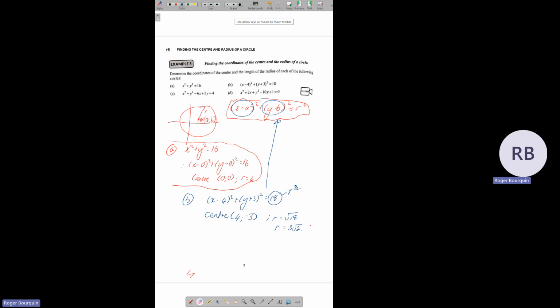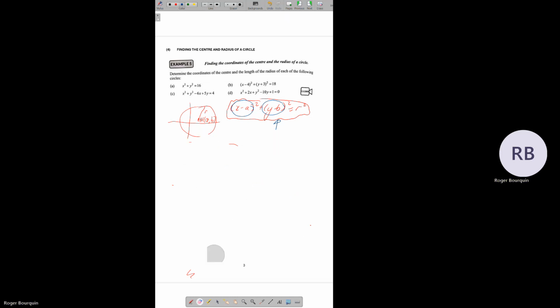Then, if we go to question C, we've got this equation over here. Your first step is to get all the x's together, get the y's together, and then get the numbers on the other side.